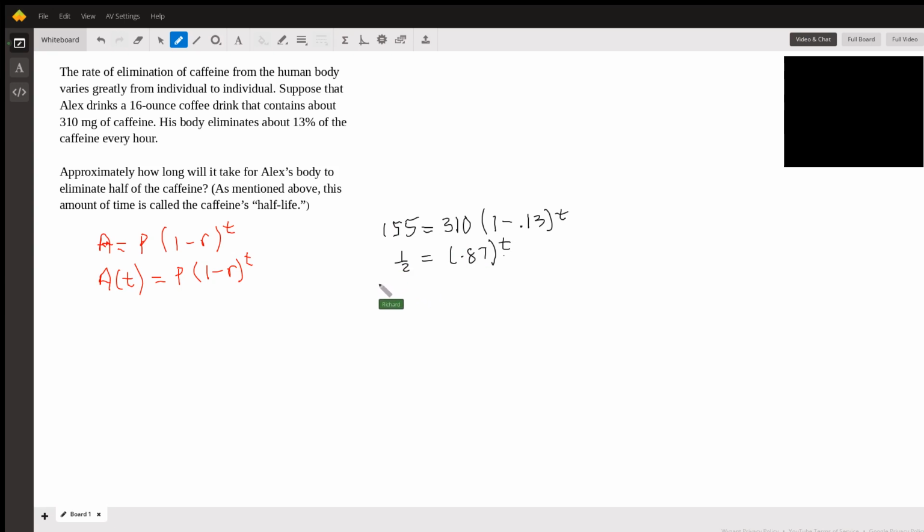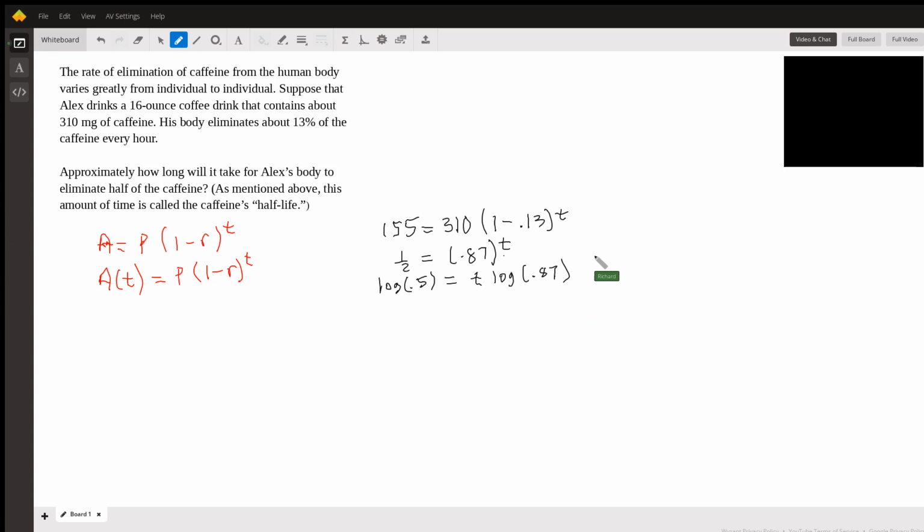So I'm going to get the log of 0.5, I'm just going to use decimal here, is equal to t times the log of 0.87. So on the right, I'm just using the law of logs. When I take the log of this entire thing, the t comes out in front, and the log of 0.87 is there. And then from here, we just divide.